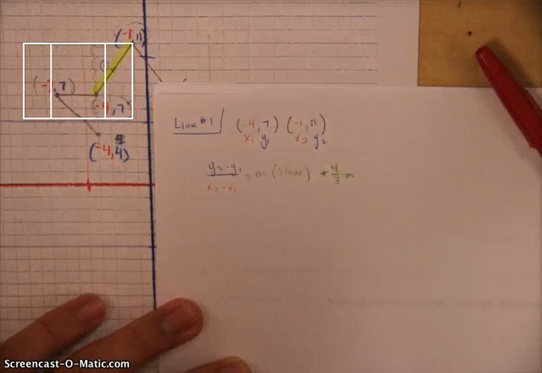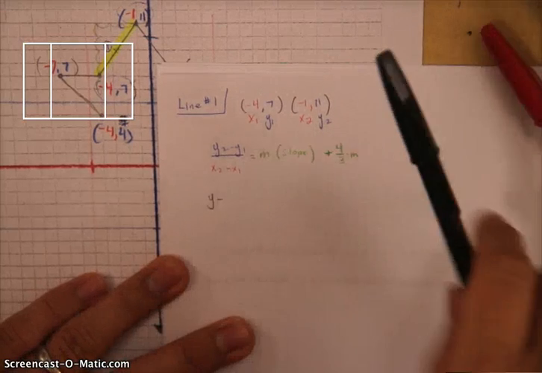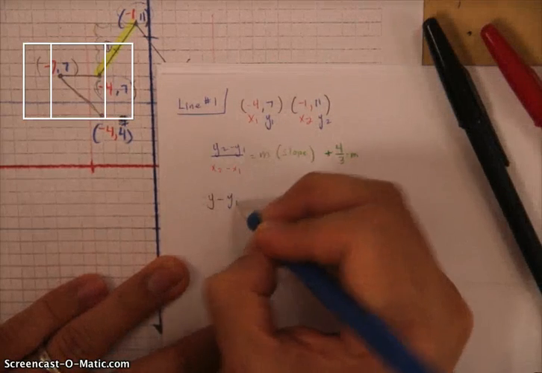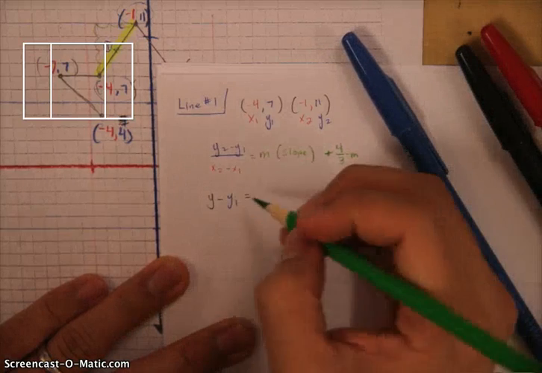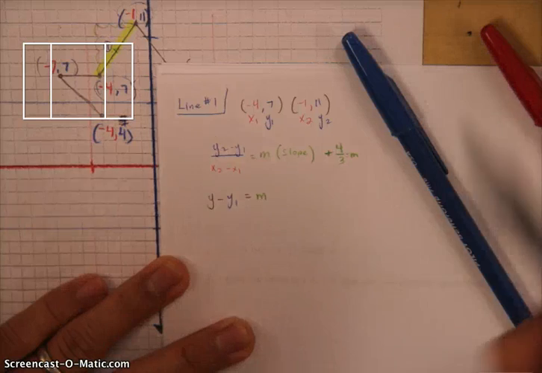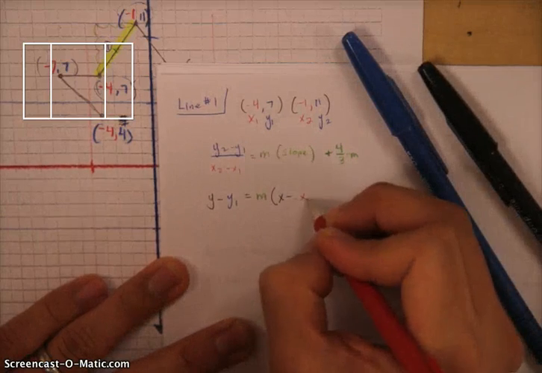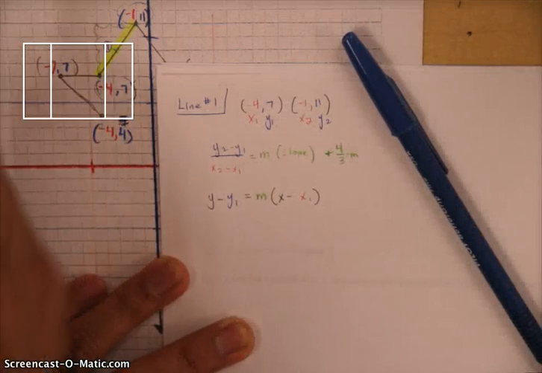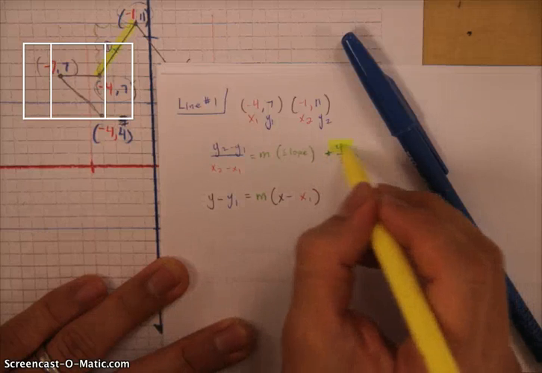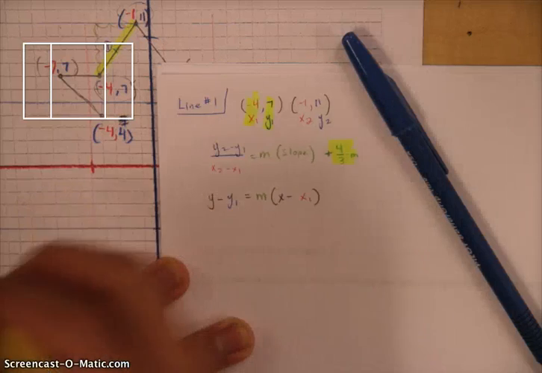Now I can use the other formula, the point slope formula, which is y minus y1 equals m times x minus x1. I can substitute all the information that I need into my equation. Here's my m value, here's my x1 value, and my y1 value.